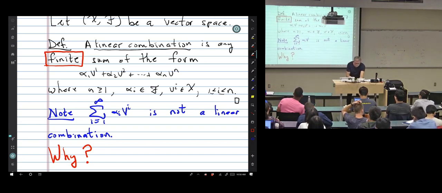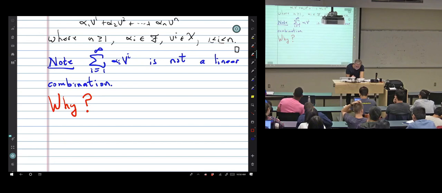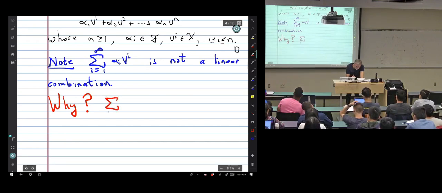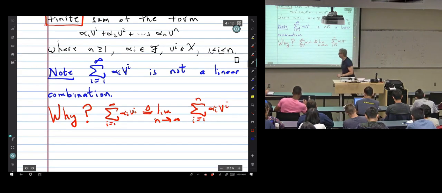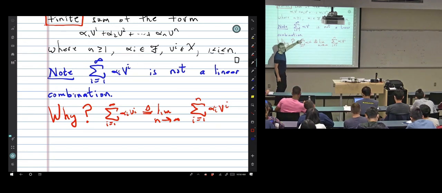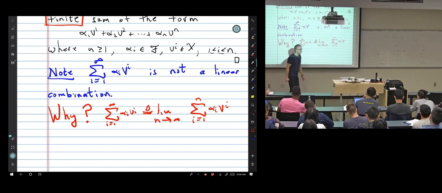But why? What does that sum mean, okay? Sum i equals 1 to infinity alpha i vi really means limit n goes to infinity sum i equals 1 to n alpha i vi, okay? Right? That's what this notation actually means. It means a limit. Now, what does a limit mean?